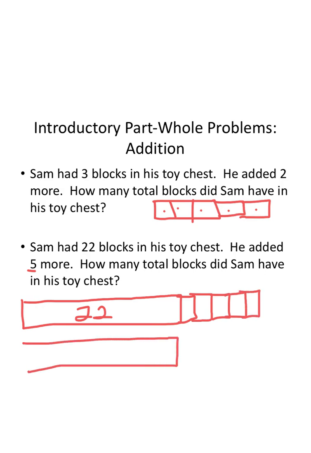But as they get pretty good at this, you're going to just say, oh, I'm going to add another section, and that one is 5. Make sure they're not the same size, because 22's rectangle should not be the same size as the 5 rectangle. Then we write our algebraic equation. 22 plus 5 equals 27 blocks.